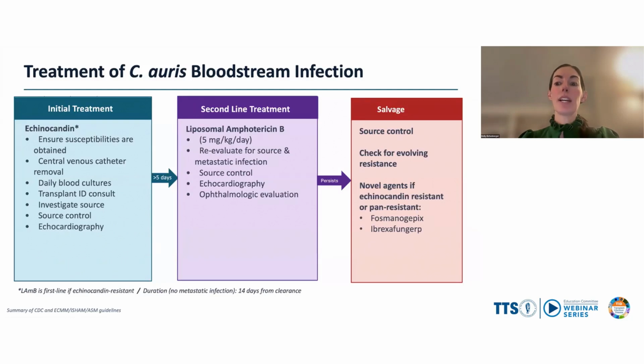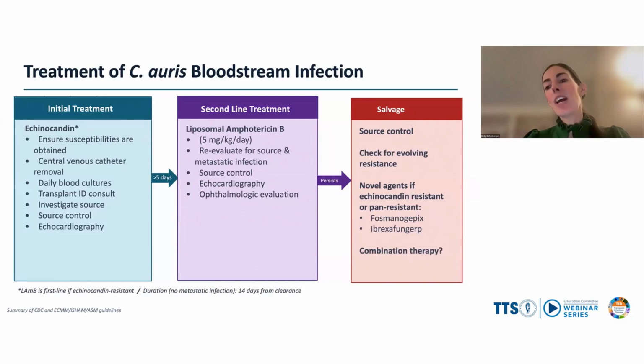If you are dealing with an echinocandin resistant strain or even a pan-resistant strain, you may want to consider some of the novel agents like fosmanogepix or ibrexafungerp, and these can be obtained through expanded access programs, and I'll link to this. There's a link to this on the CDC website, which I'll provide a QR code at the end.